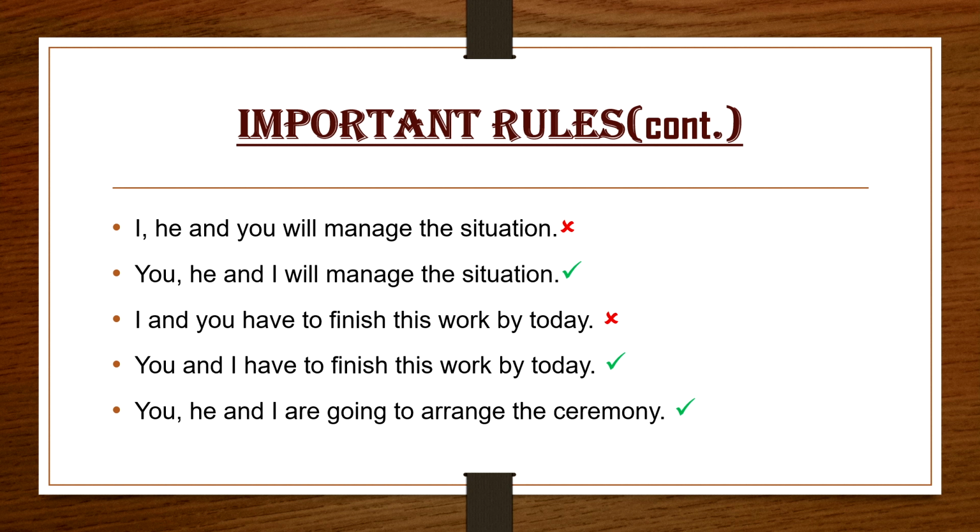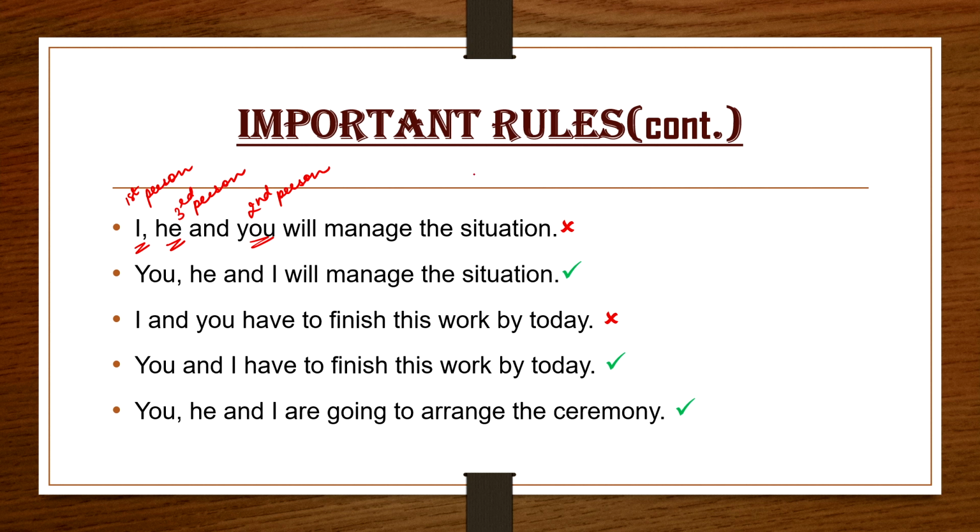Now, let us look at the first example. I, he and you will manage the situation. So, over here I is your first person, he is your third person and you is your second person. So, is it correct?